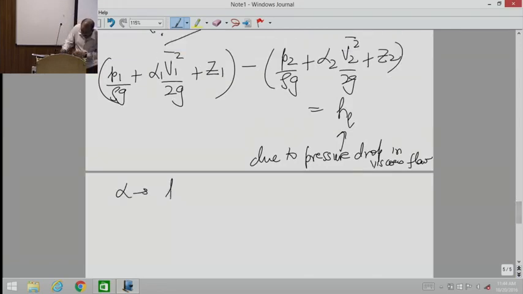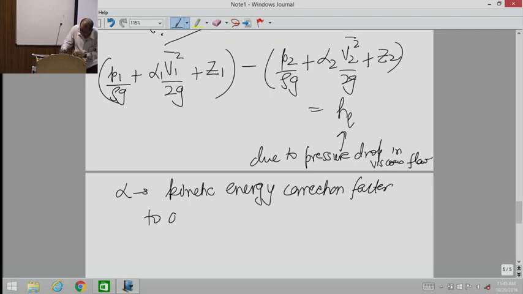Alpha is the kinetic energy correction factor to account for variation of V with area.